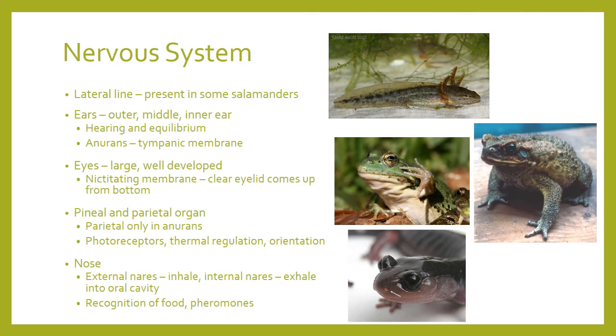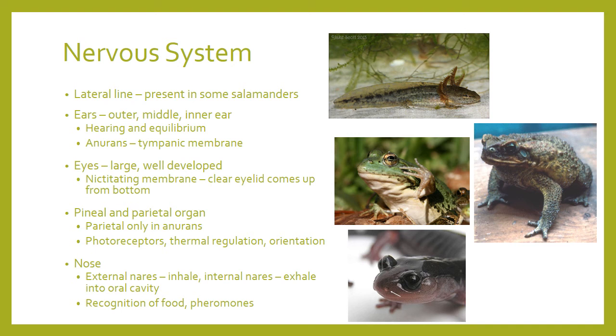The nervous system. So some amphibians, especially aquatic stages of salamanders, have a lateral line present. So just like the fish have the lateral line as a sensory organ, some salamanders still have that. Ears are far more developed in amphibians than they are in fish.